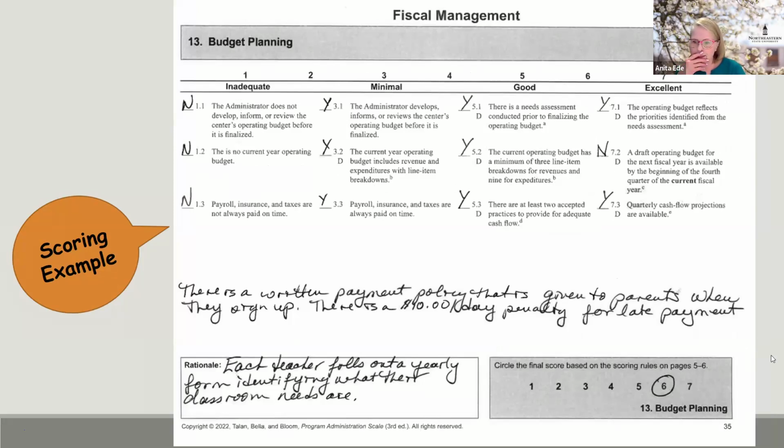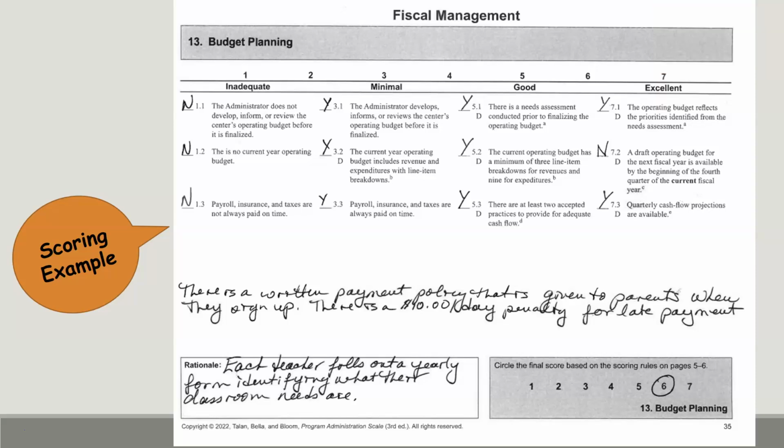Why is this a 6? Is it because there's one no in column 7? Right. More than half of column 7 is a yes. More than half.